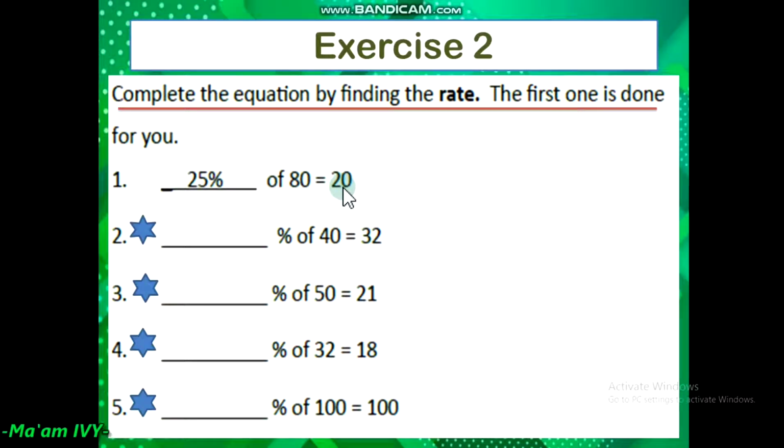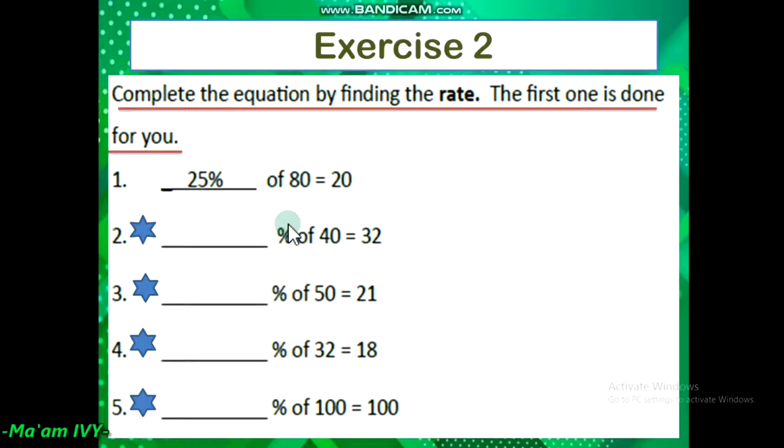Kids, use the formula in solving for the rate. You can go back to our example. In finding the rate, you are going to divide the percentage by base. So divide percentage by the base. You're going to answer number 2 up to 5.